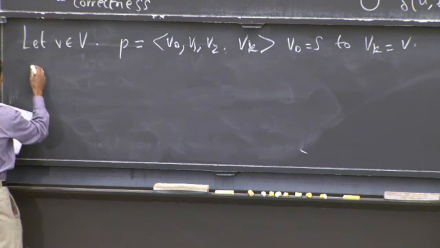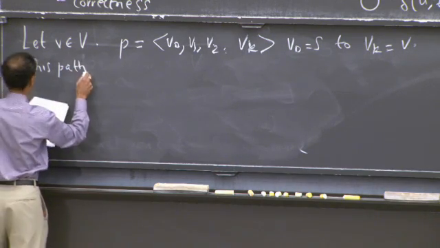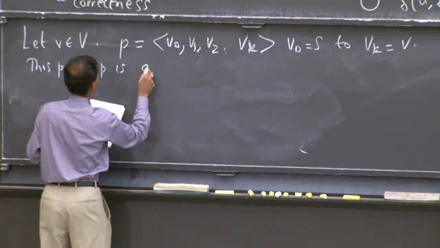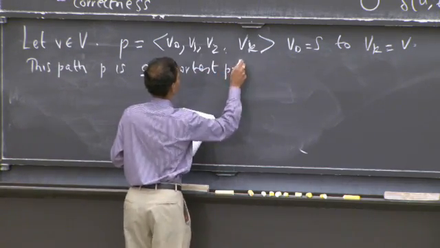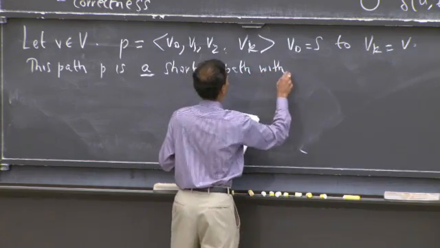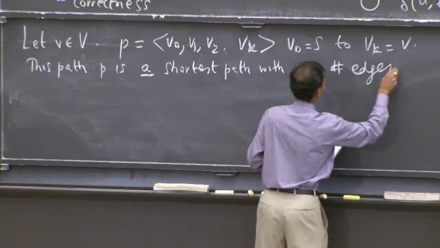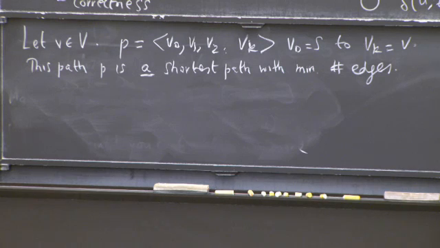And in particular, I'm now going to say that this path P is a shortest path with the minimum number of edges. Okay, so there may be many shortest paths, and I'm going to pick the one that has the minimum number of edges. If there's a unique shortest path, then that's a given.